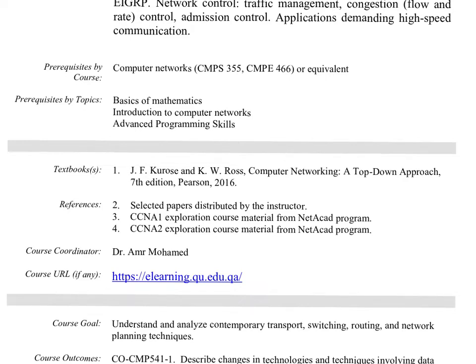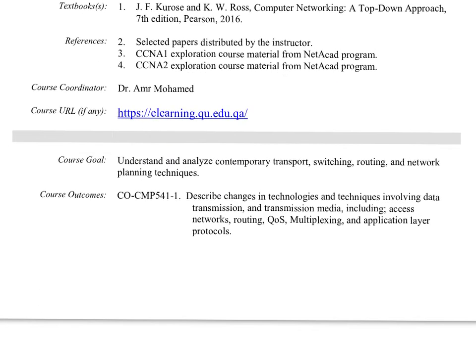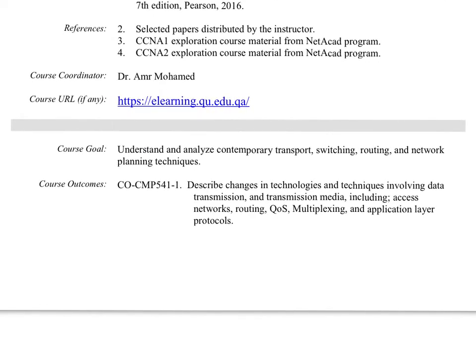The main goal of the course is to understand and analyze contemporary transport, switching, routing, and network planning techniques. In that, there are some course learning outcomes. The first one is to refresh some introductions in your mind regarding Network 1 and Network 2.